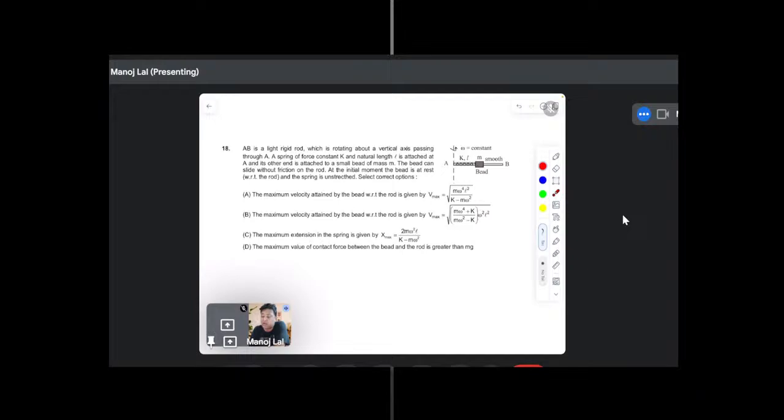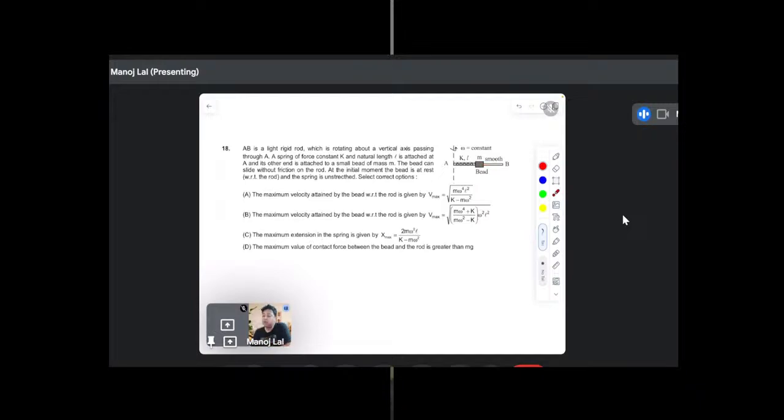We can call it the centrifugal force, and that force will be the mass of the bead multiplied by the acceleration of the observer. Since the acceleration of the observer is towards the axis, the pseudo force is opposite to that. We know it is ma, but the direction of this pseudo force is opposite to the direction of acceleration of the observer.